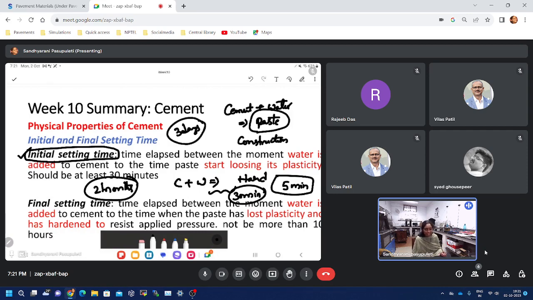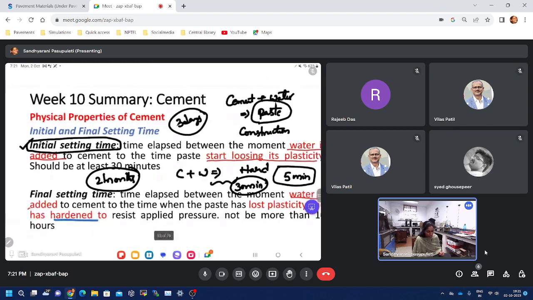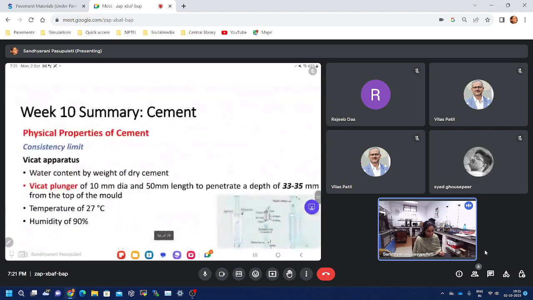This final time is called the final setting time. The initial setting time is the time from when I have added water to when it starts losing its plasticity, and the final setting time is the time from when I have added water to when it becomes very hard. When I say very hard, I mean if I apply some pressure onto that concrete, it should be able to resist that. So these two are the initial and final setting times.